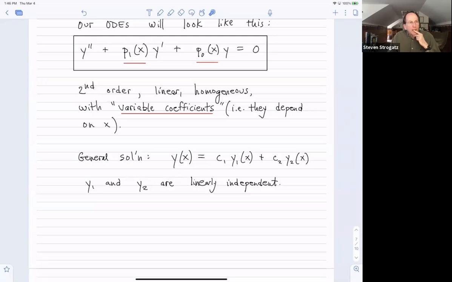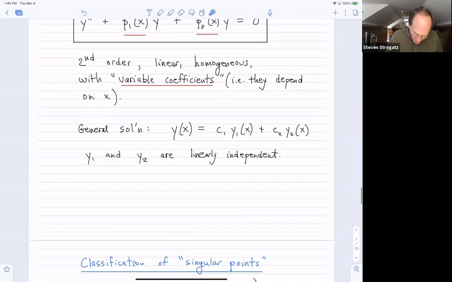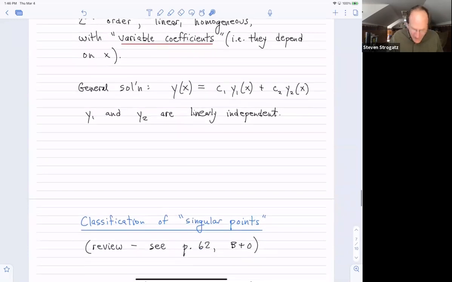By nasty, I mean like, are they analytic functions? That'd be the very tamest, nicest possible behavior. Could they have singularities like poles or branch points? If so, what's the nature of any singularities in those functions P? All of that controls what y can do. So there's a whole big story about this. This is in that mythological second course on differential equations.